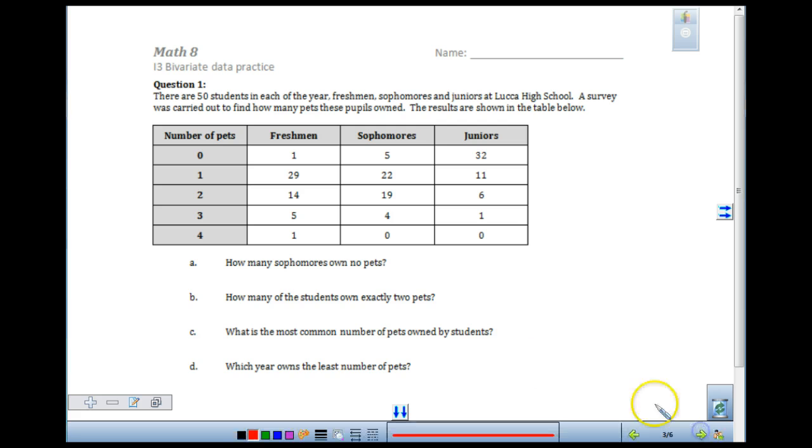Now, the key thing is that as you finish tonight, you're going to have these data tables. So here, we're looking at the number of pets that people have, and then we're looking at freshmen, sophomores, and juniors. And you're going to answer these questions.